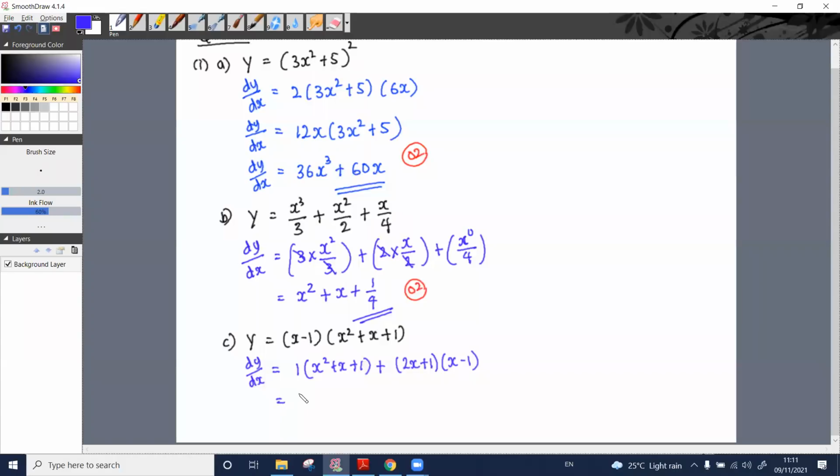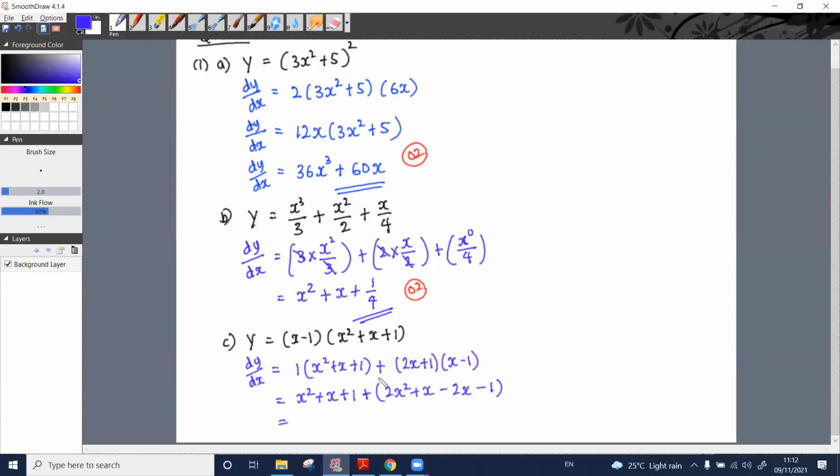So once we simplify this one, how should it be? x squared plus x plus 1 here, plus, within the bracket, x into 2x, that is 2x squared, x into 1, that is x, minus 1 into 2x, that is minus 2x, minus 1 into plus 1, that is minus 1.